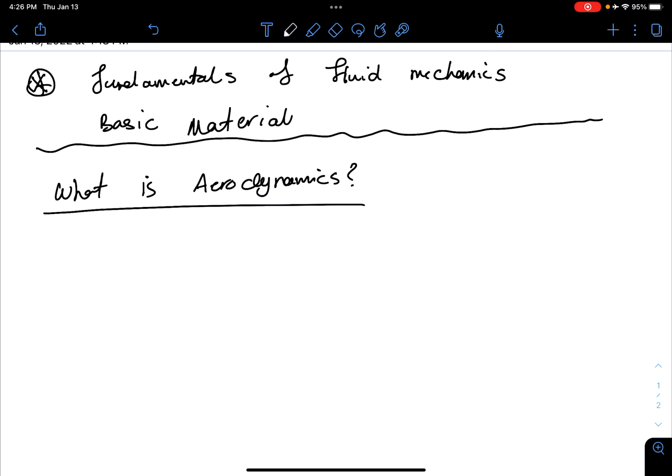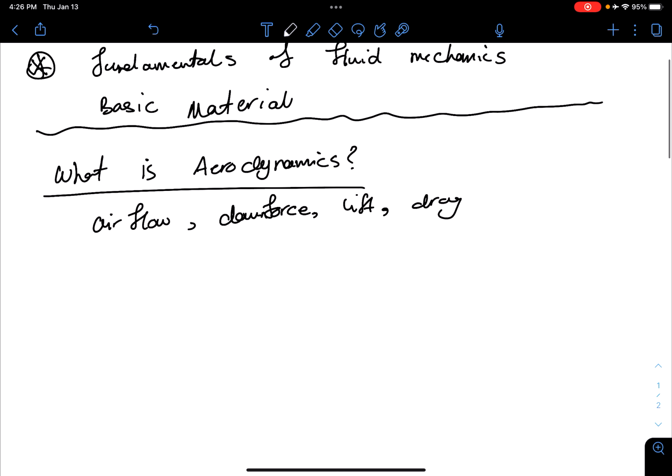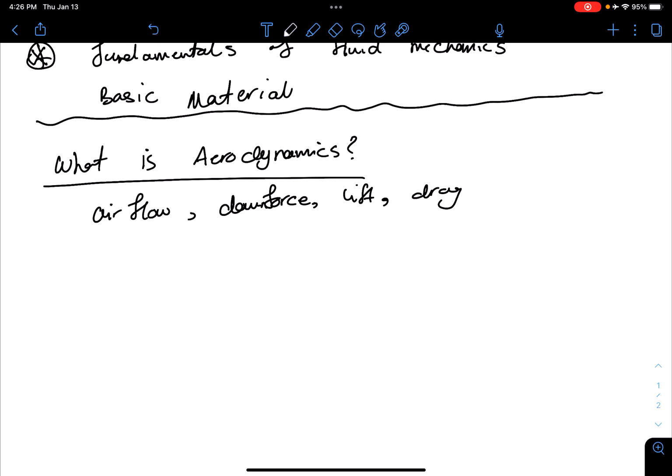Yes. Airflow, downforce, lift, drag. Okay, what was your name again? Gavin. Okay. What else?